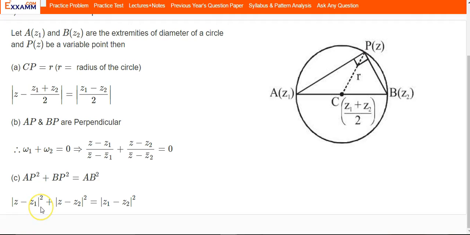We get modulus of z minus z1 square plus modulus of z minus z2 square is equal to modulus of z1 minus z2 square. So if we expand these three by putting z is equal to x plus iy and z1 is equal to x1 plus iy1 and z2 is equal to x2 plus iy2, we will get the same result from all these three equations.